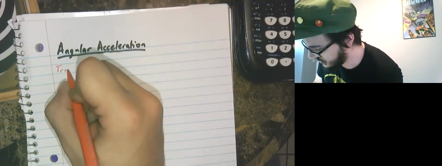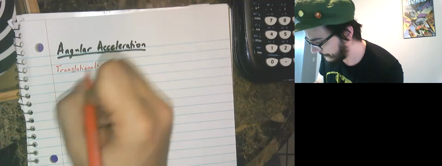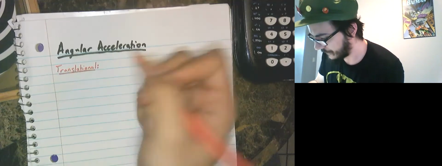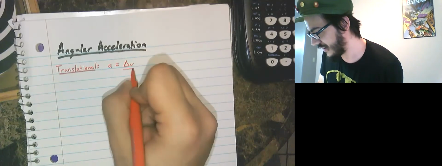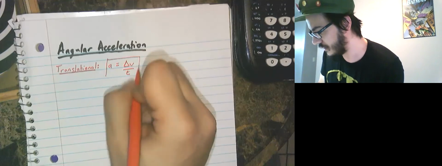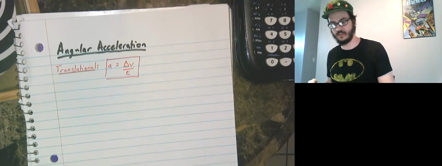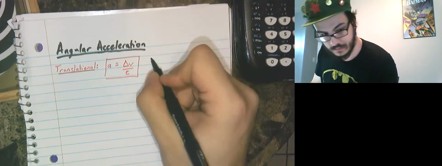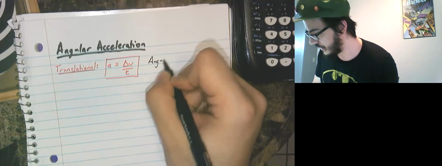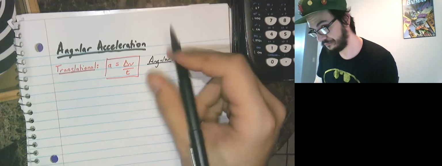For translational, acceleration is simply the change in velocity over time. V final minus V initial if you want to write delta out. For angular acceleration, it's exactly what you think it is.